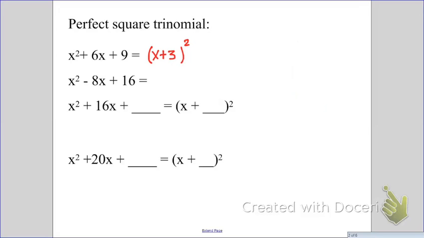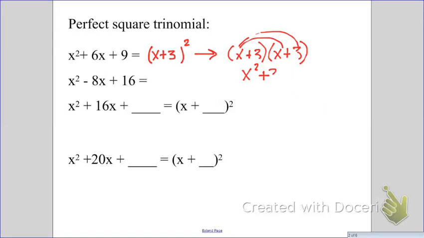If I were to expand this out to say x plus 3 times x plus 3, then we would use FOIL, and we get x squared, 3x, 3x, and 9. Adding up the 3x's in the center, and you see I get my x squared plus 6x plus 9. So that's why it's called a perfect square trinomial.